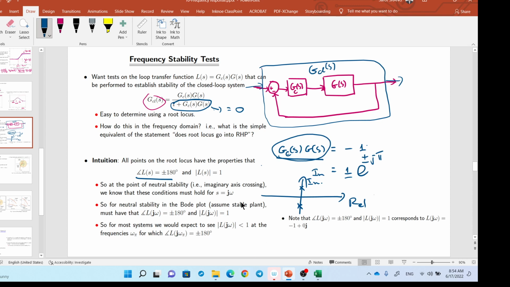For neutral stability in both plots, we have the phase as plus or minus 180 degrees, and the magnitude of the open loop transfer function L is 1. L is open loop. We only plot the open loop, right?